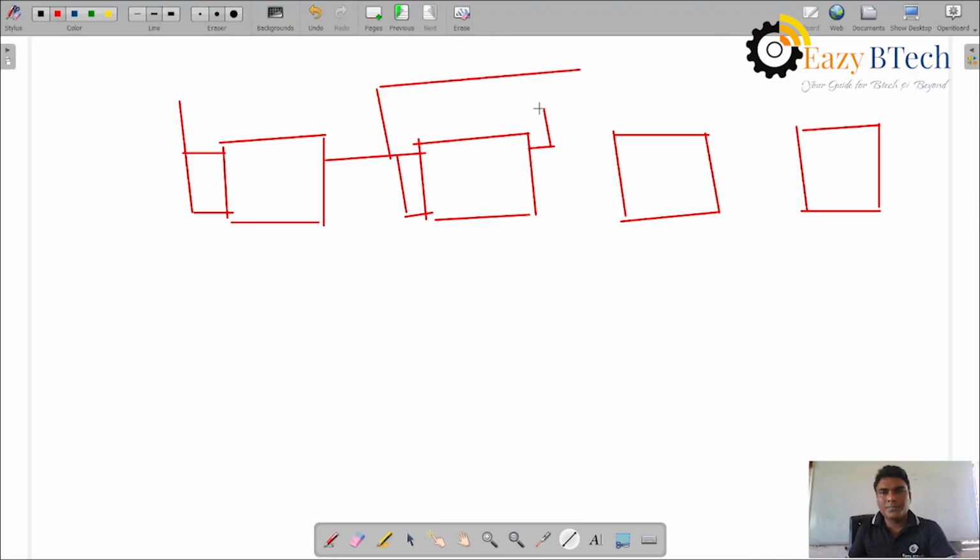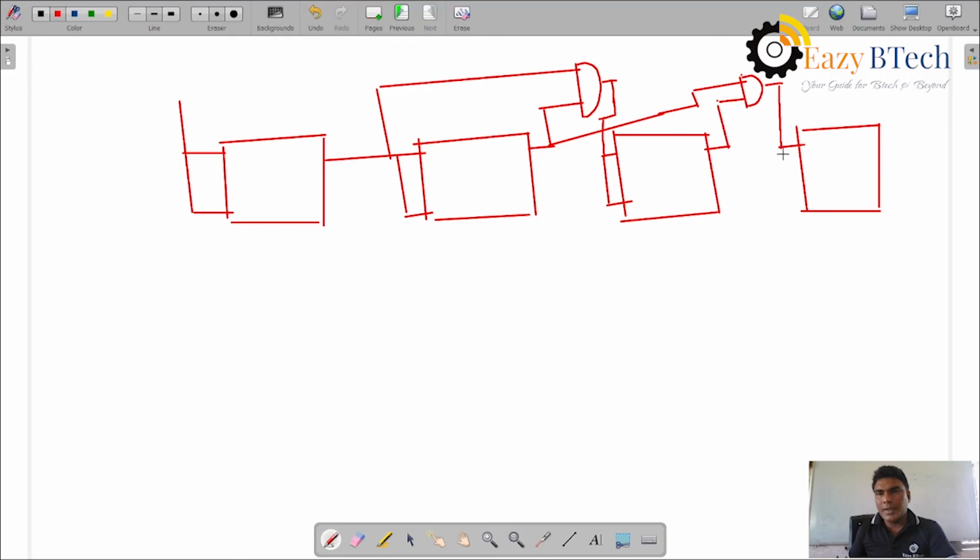So from here to here we'll take one AND gate. After this these are connected over here again. Again from here you can take one AND gate, connected over here. Again from this part you can take one more AND gate, again one AND gate over here.